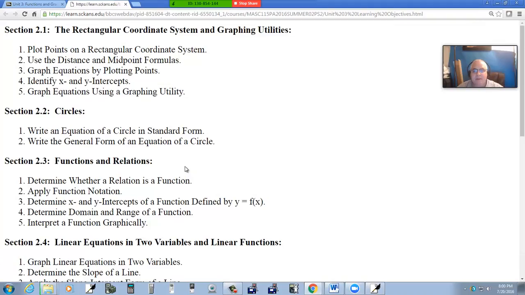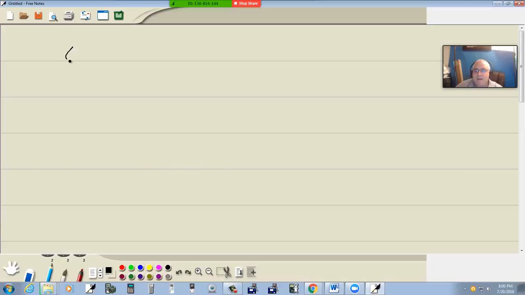Now, the first topic is plotting points on a rectangular coordinate system. When you're given a point, you're given the x part and you're given the y part. So, for example, if we want to graph (3, -1), we go to 3 on our x-axis, the positive numbers over here, and going in this direction.